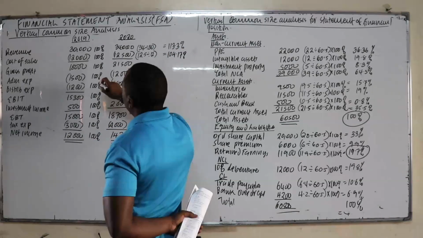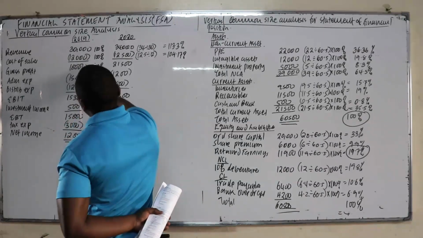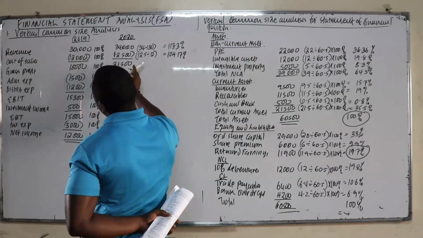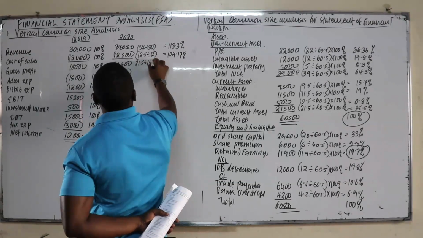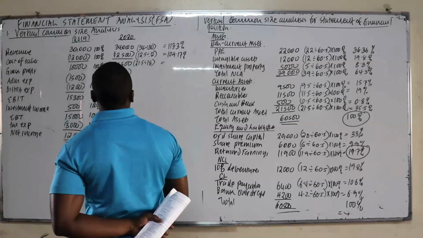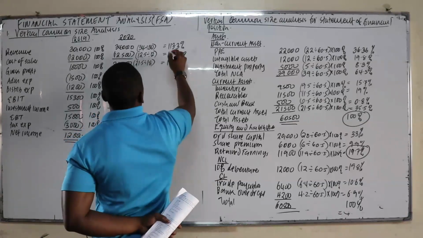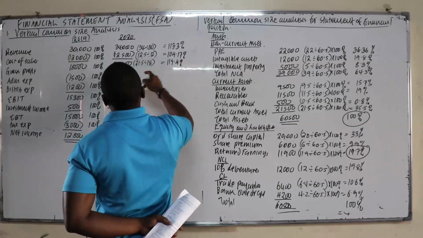Gross profit, 18,000 is equivalent to 100%. What about 21,500? It is 119.4%.